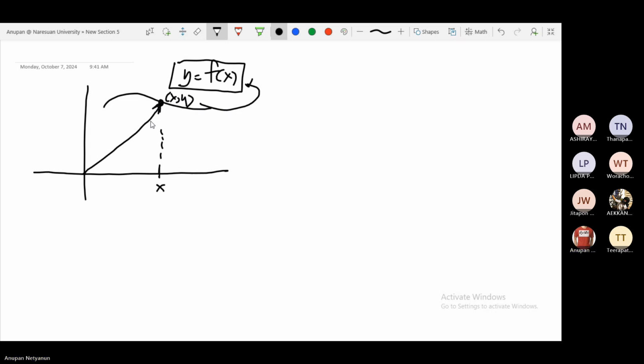Okay, now the point that is on this curve, instead of looking at it as a point, you can look at it as a vector, okay, running along this curve.